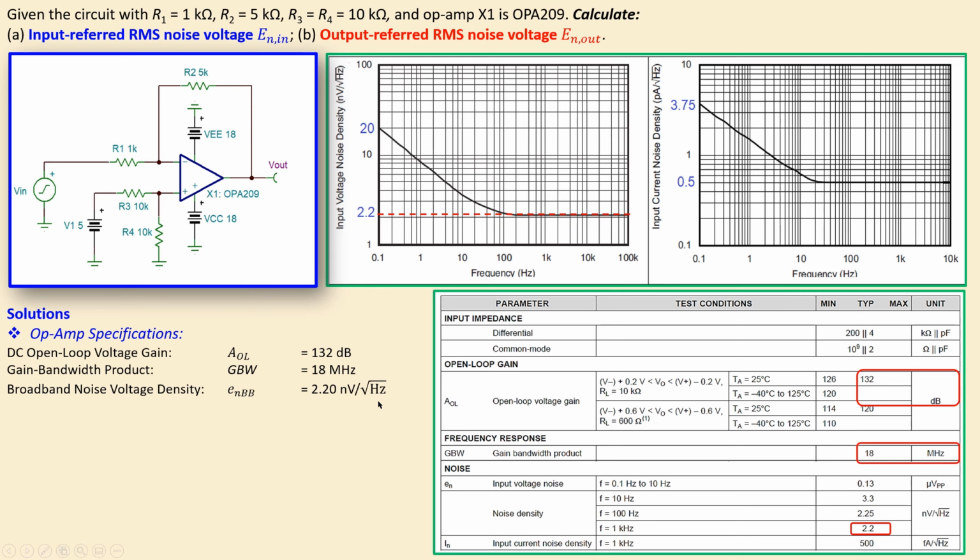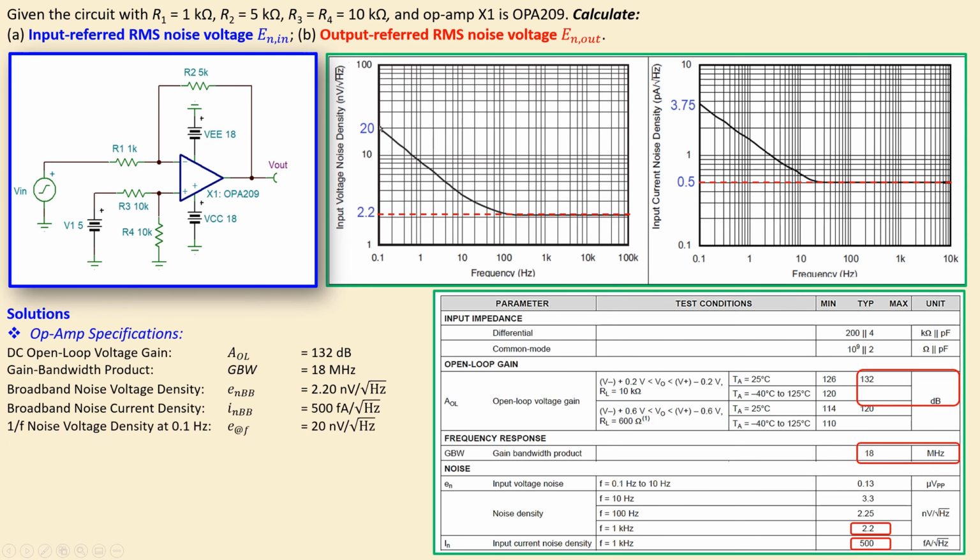So that's also verified from the table and also from the graph. You have also the broadband noise current density, and that is 500 femtoamps per root hertz, which is also shown here in the table, but that is also seen here in this graph. So you can see 0.5 picoamps, which means of course 500 femtoamps per root hertz.